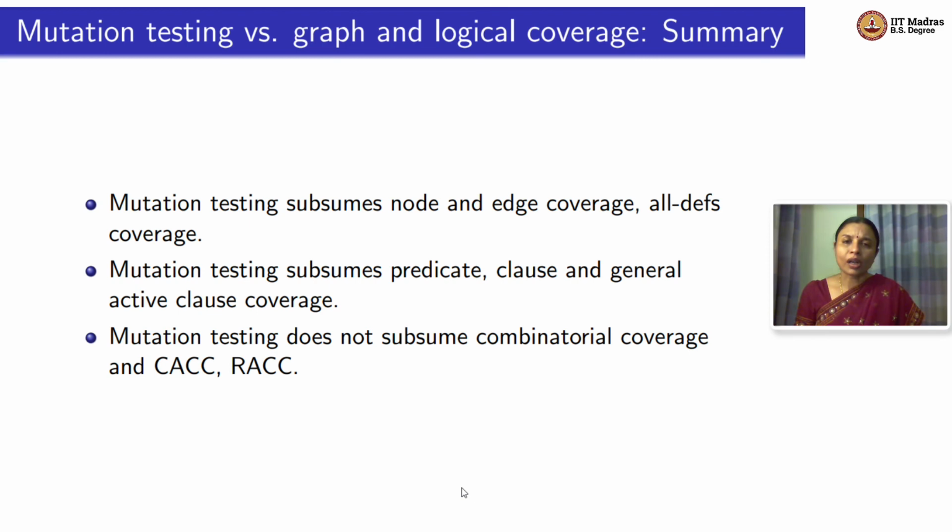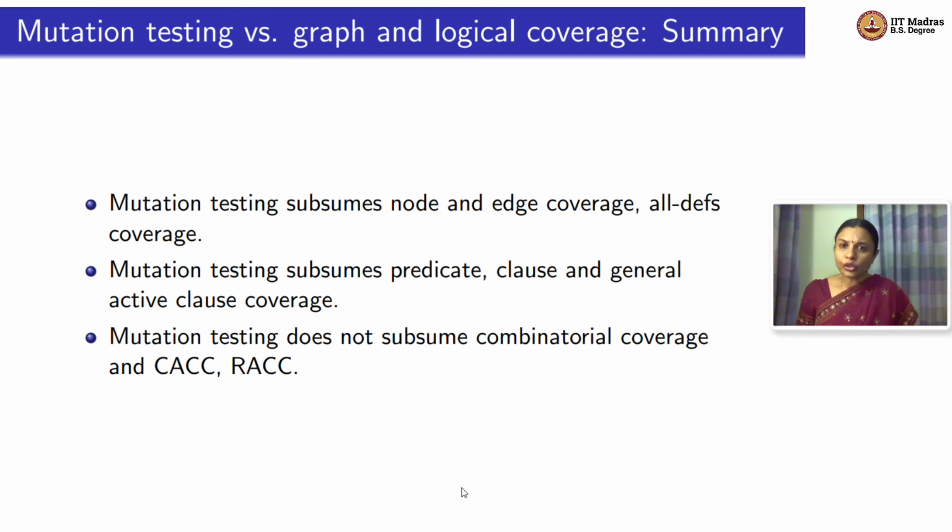We saw some of the graph and logic coverage criteria and understood how a tool like mutation testing can be used to recreate the same effect that was assumed by graph and logical coverage criteria. It's in this sense that we say mutation testing subsumes those specific coverage criteria. So we saw how mutation testing subsumes node coverage, edge coverage, and all definitions coverage amongst the various graph coverage criteria that we saw.